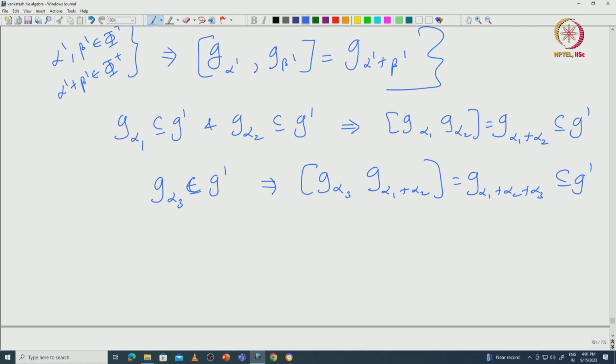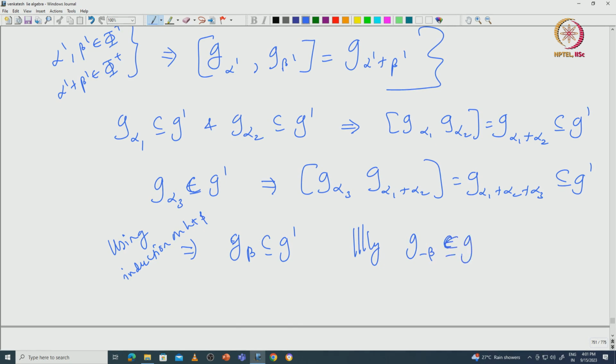Now, using induction on the height of beta you can easily conclude that G beta is a subset of G dash. One can prove similarly that G minus beta is also a subset of G dash. So, that proves that G is a subset of G dash, and so G is equal to G dash.